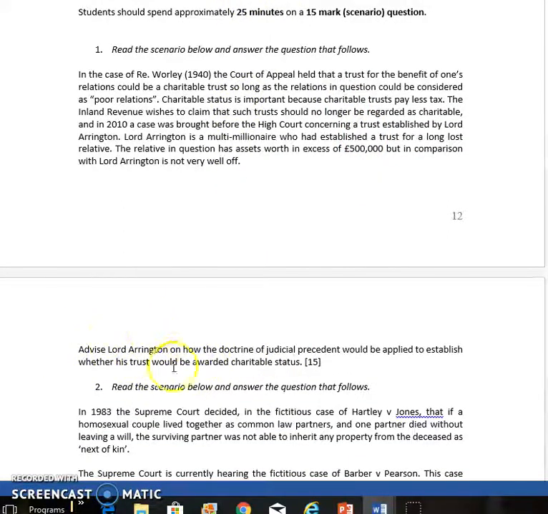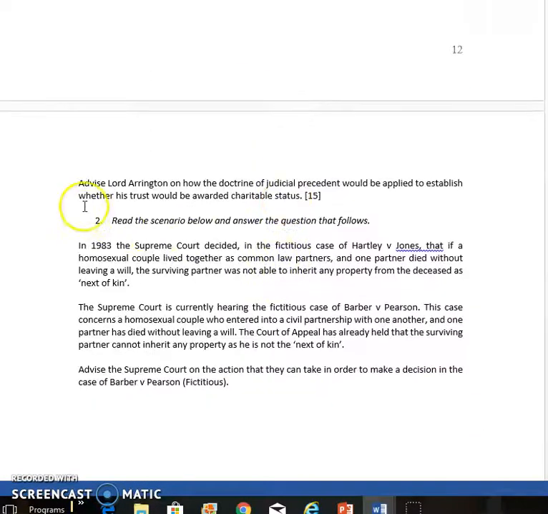Here you're advising Lord Arrington on how we can decide whether his trust will be charitable. So basically you have to look at this situation and apply your knowledge of binding precedent. So would the courts here be bound by the case in question? And you would be advising the character there.